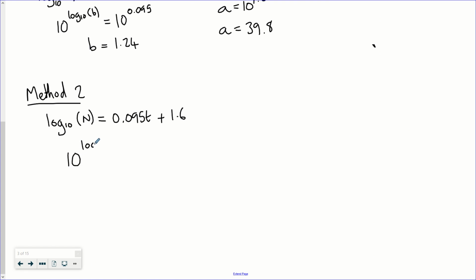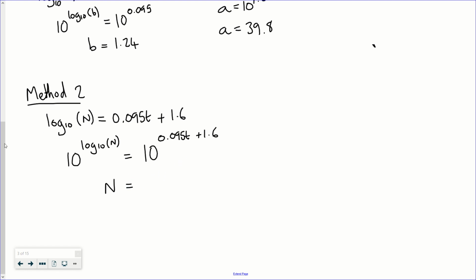So you can have 10 to the power of log base 10 of n equals 10 to the power of, and then the whole thing on the right hand side. So 10 to the power of 0.095t plus 1.6. Well, 10 to the power of log base 10 of n, they cancel each other out, so we just get n.